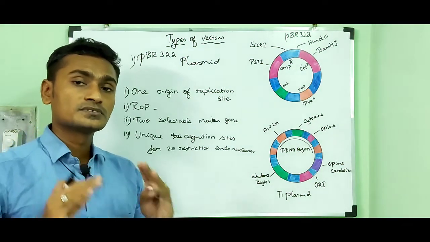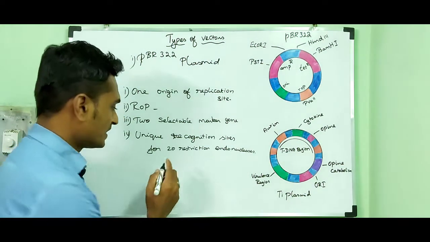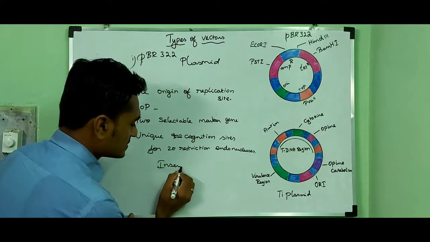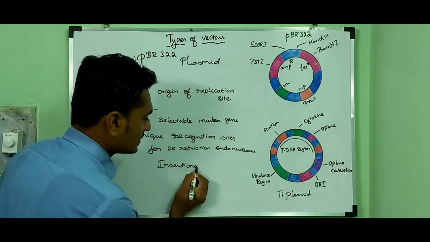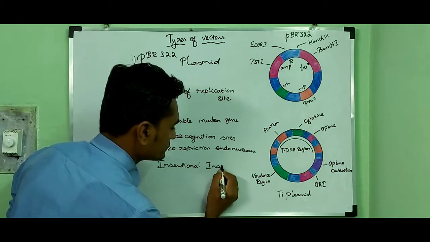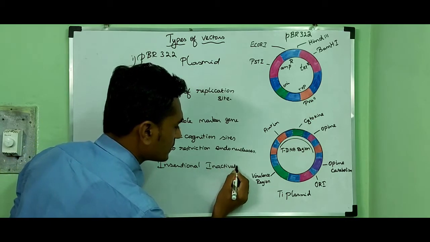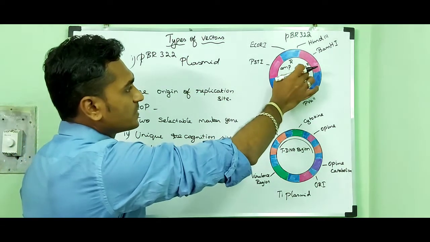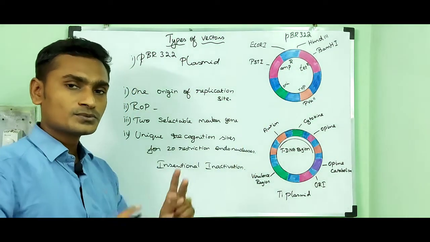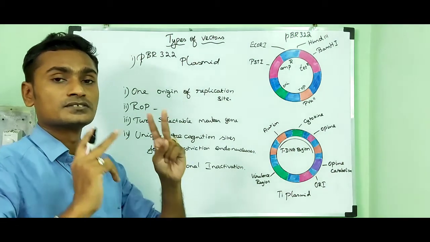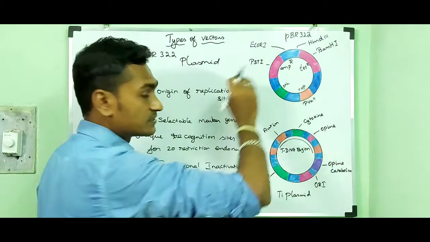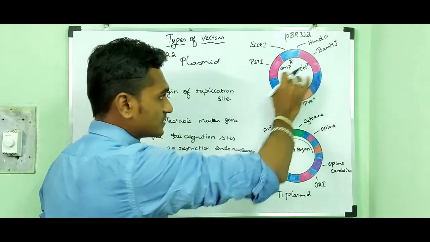Then I am going to tell about a process called insertional inactivation. PBR 322 contains two selectable markers, that is, two antibiotic resistant genes: the ampicillin resistant gene and the tetracycline resistant gene.